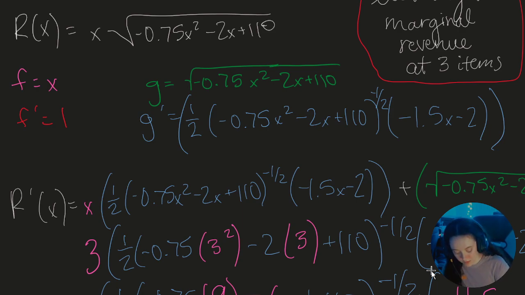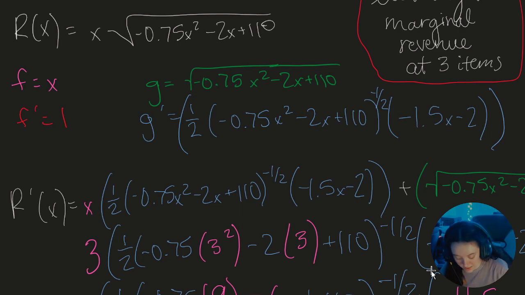Okay, then for our marginal revenue, which is just the derivative of your revenue, that's it, that's all it is, then you would just go through and you would do product rule.